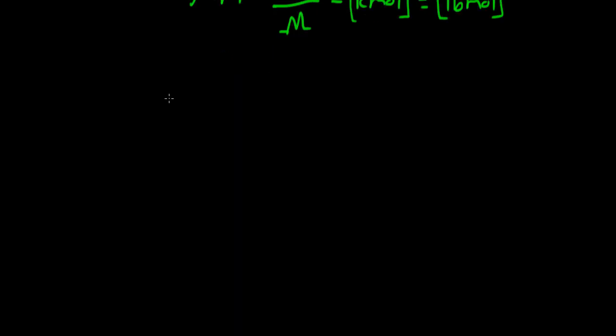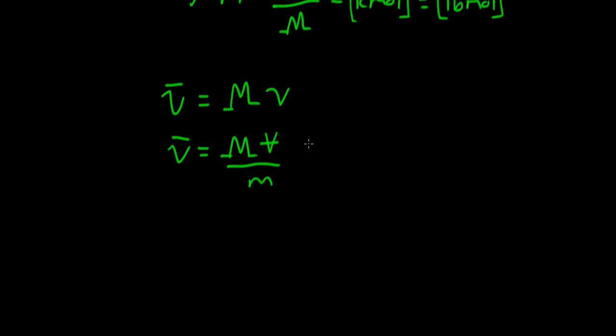The molar specific volume is the molecular weight times the specific volume. Substituting the definition of specific volume as volume per mass, we see in this form the molecular weight divided by the mass. This is simply 1 divided by the amount of substance.